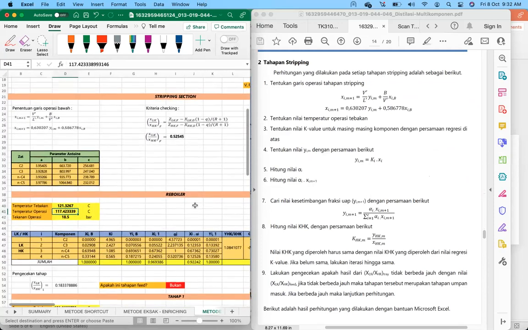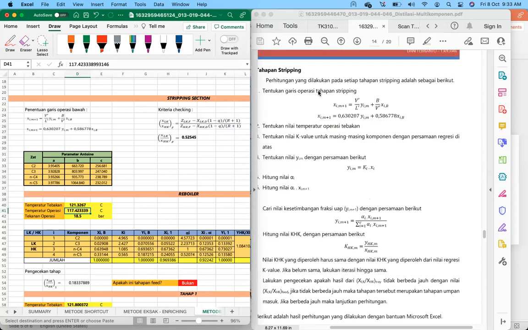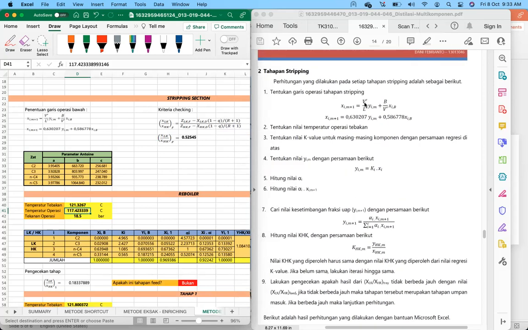Okay, so again we need to find the stripping operation line. Yeah, the stripping operation, this one, phi dash divided by b l dash, and b and phi dash, and then we got the v, l, and also l dash from the mass balance.